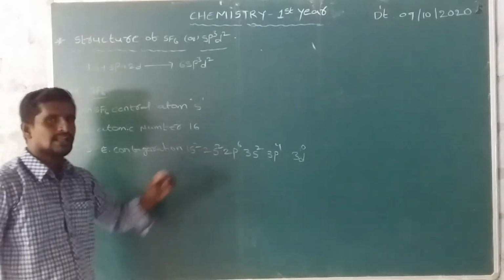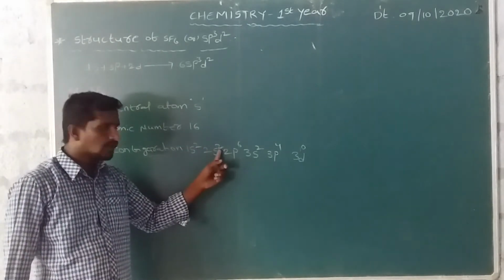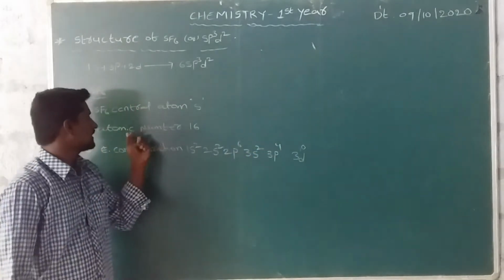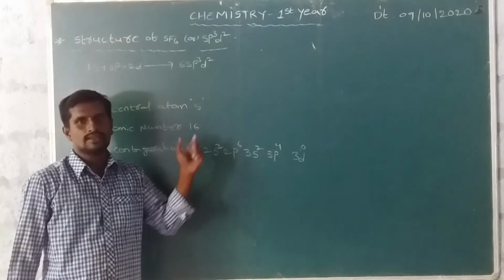Sulfur atomic number is 16. How many electrons are calculated? 2, 4, 10, 12, 16. Both are equal.